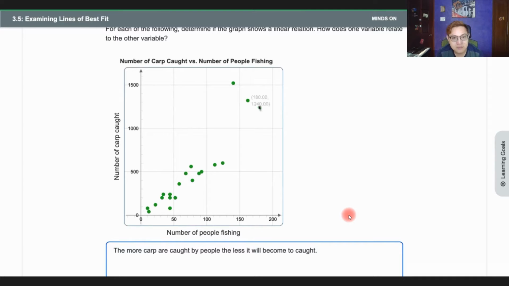So less carp are being caught. It's saturated. When there are too many people fishing for carp, they will start to compete with each other. So less and less carp will be caught.